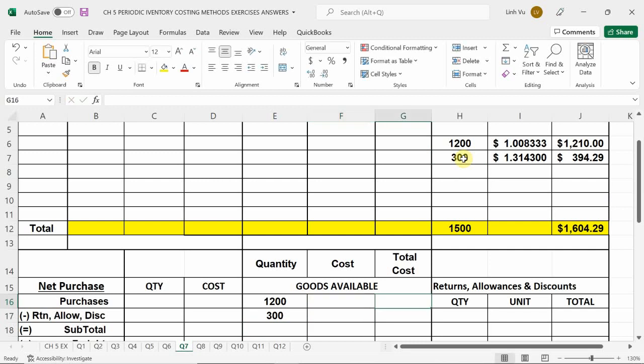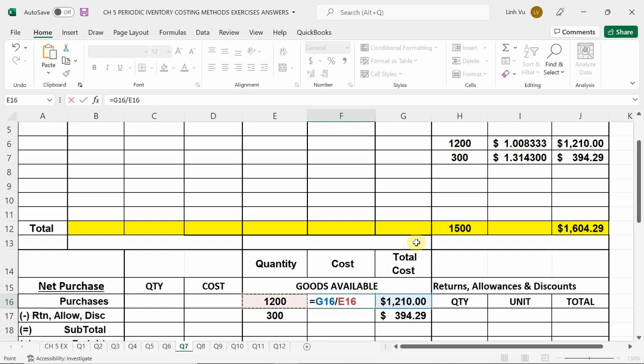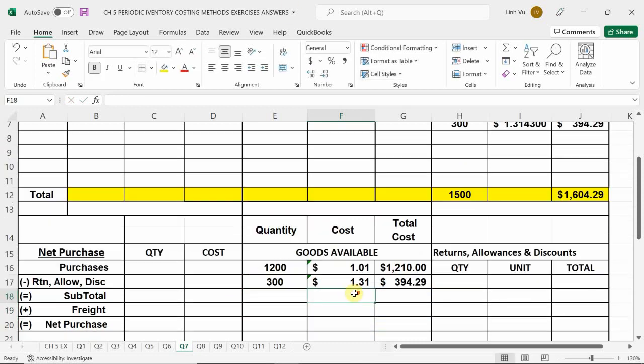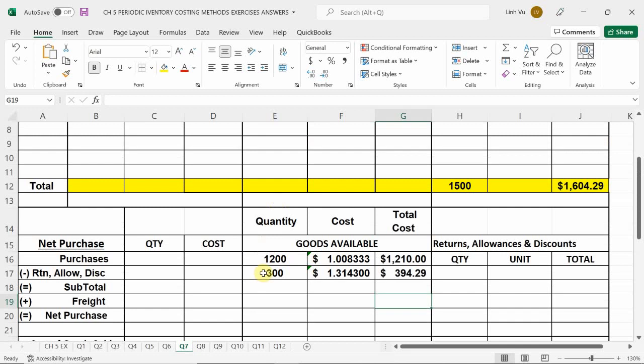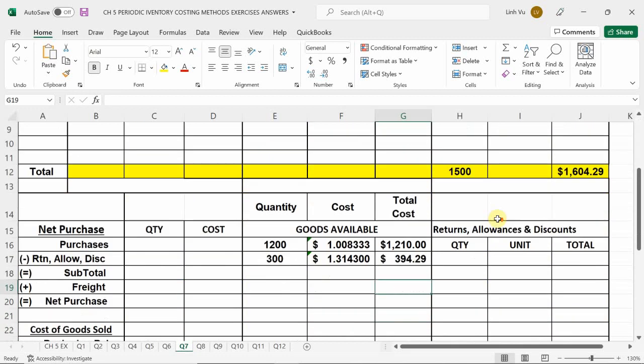These are the items that we need to have here, to say that this is what we started out with. We started out with 1,500 units.